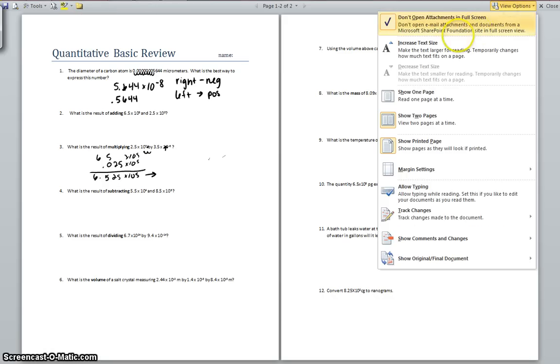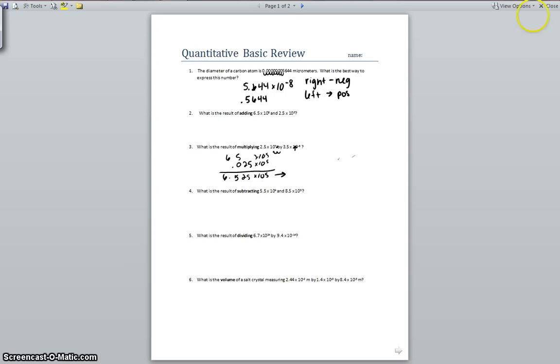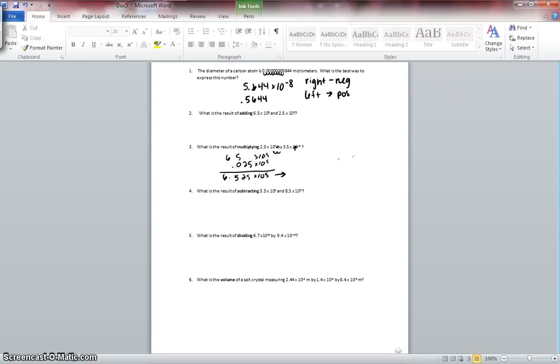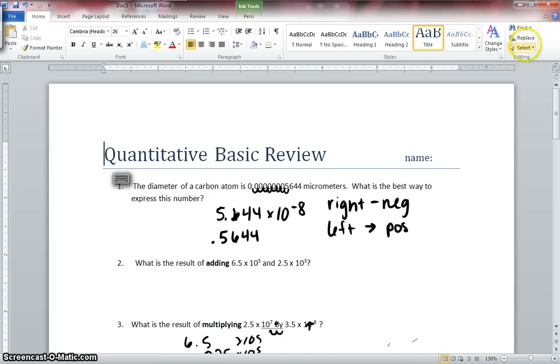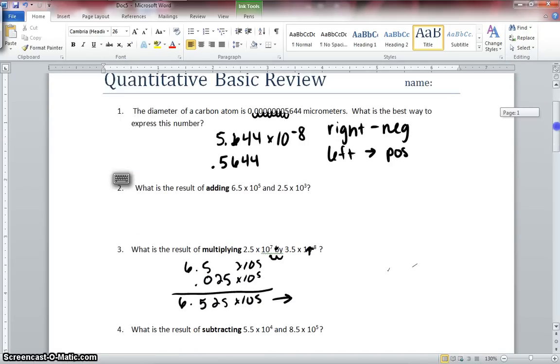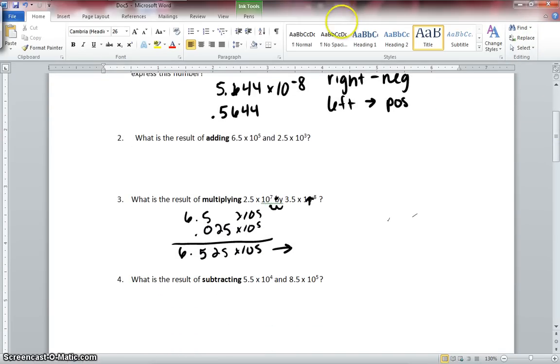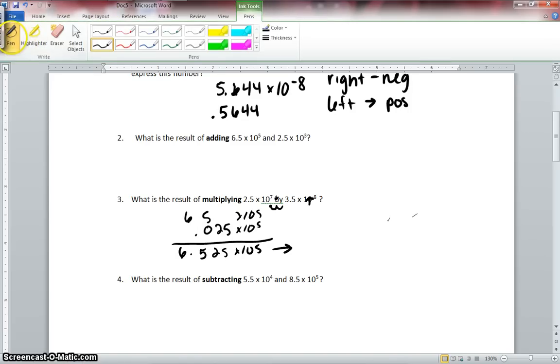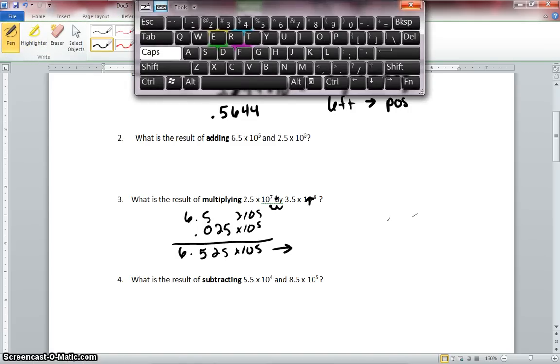View options. Okay, I don't know why that moved it down. Okay, let me go ahead and recopy this. Sorry guys. I love technology. Oh, don't want that either.